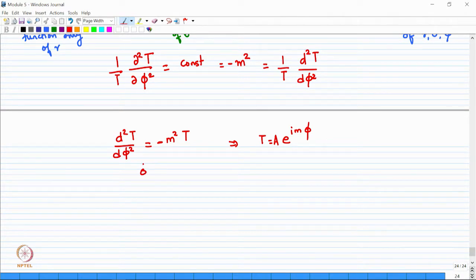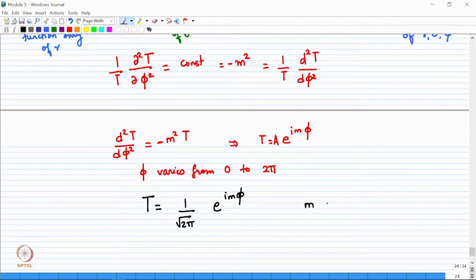Now phi varies from 0 to 2 pi. So this gives t is equal to 1 by root 2 pi e to the i m phi. m has to be an integer. Okay, now why does m have to be an integer?